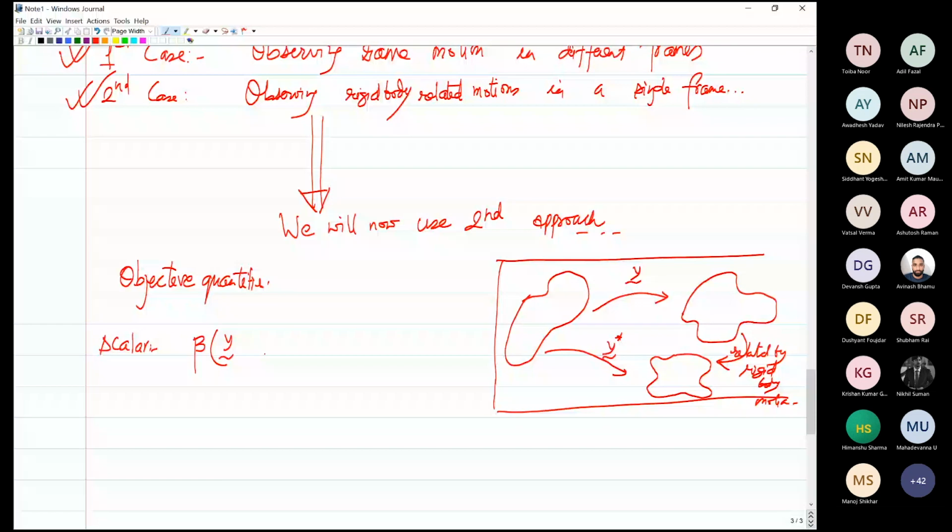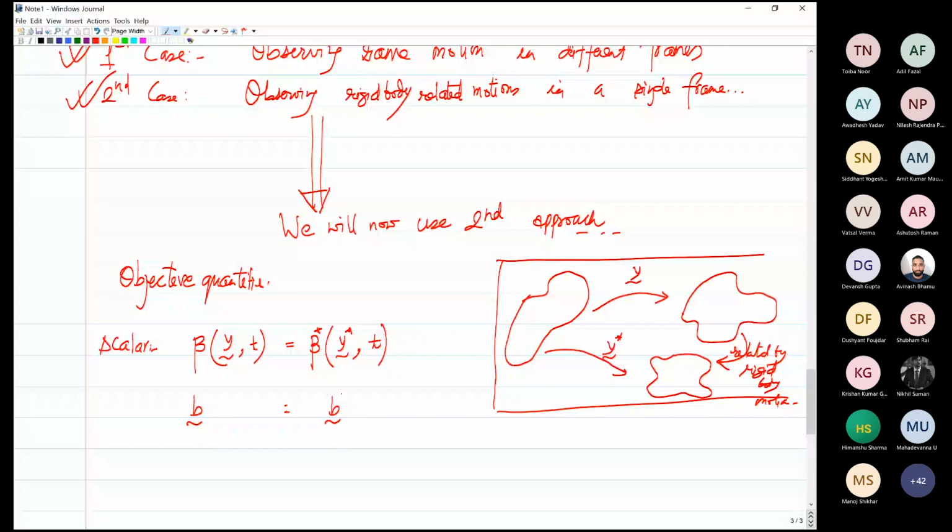And for the vectors, suppose that in the motion y we have the vector b, and in motion y star we have the vector b star. Okay, then we'll say that it should be related in the following way: b star should be equal to Qb.